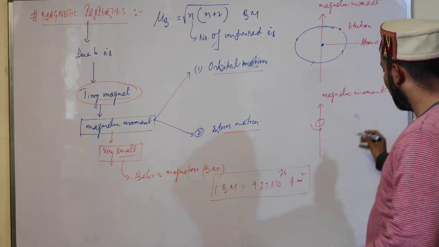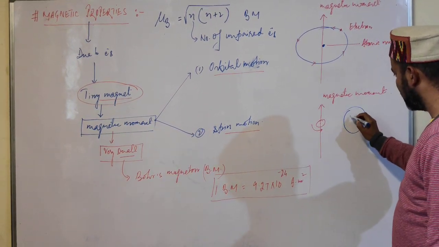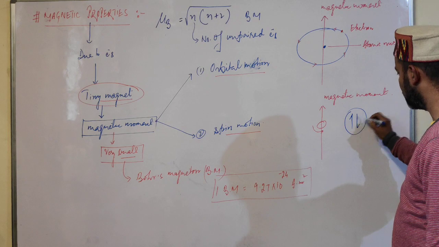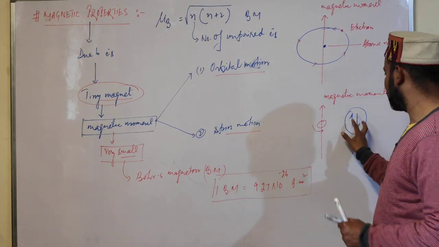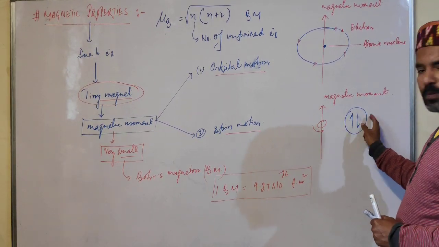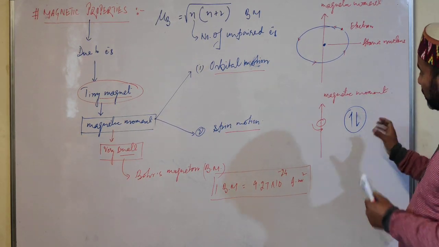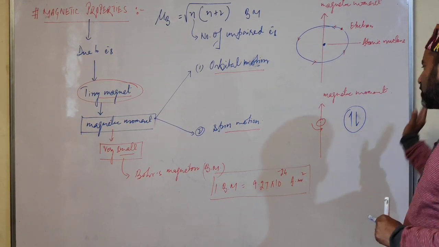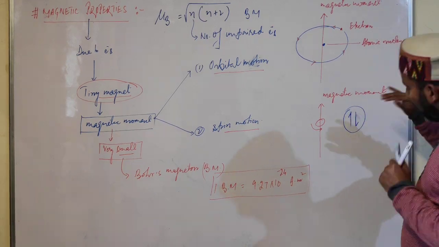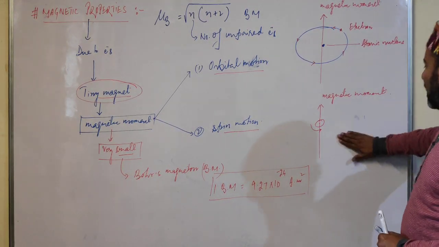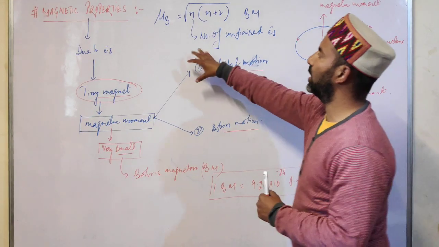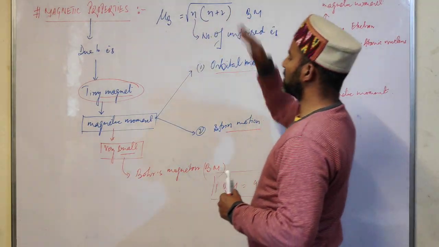Why? Because suppose in one orbital there are two electrons, say this is the first and this is the second electron, then both the electrons have magnetic moments but in opposite directions, so they cancel out each other's effect. So the net magnetic moment in that case will be 0. But if electrons are unpaired, then we will have some net magnetic moment, which is given by this expression.